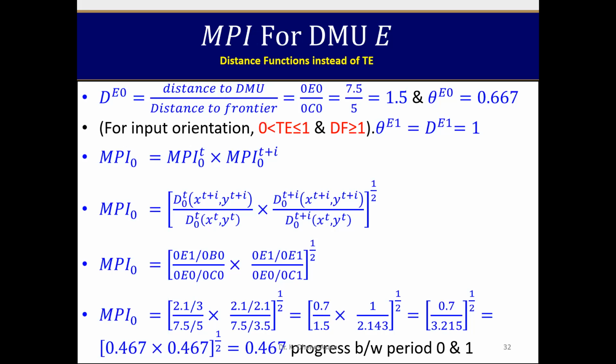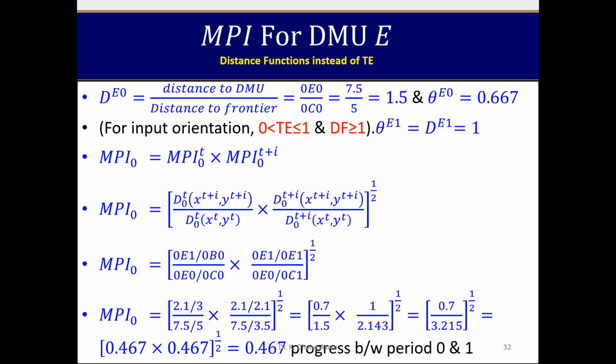So here's the point. DMU E in the first year, in year 0, was inefficient. But in year 1, you can see that it is efficient. The good thing about dynamic productivity is that it helps you to know the extent to which it has changed. You might not appreciate that compared to somebody who was efficient.